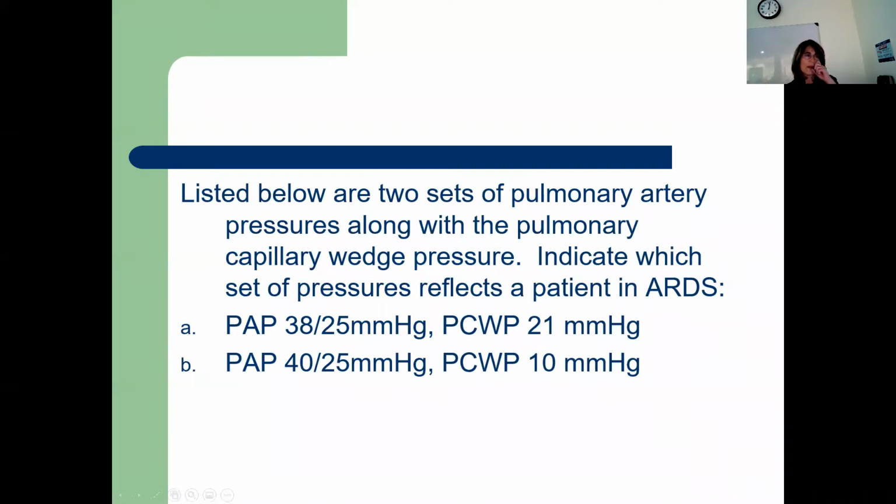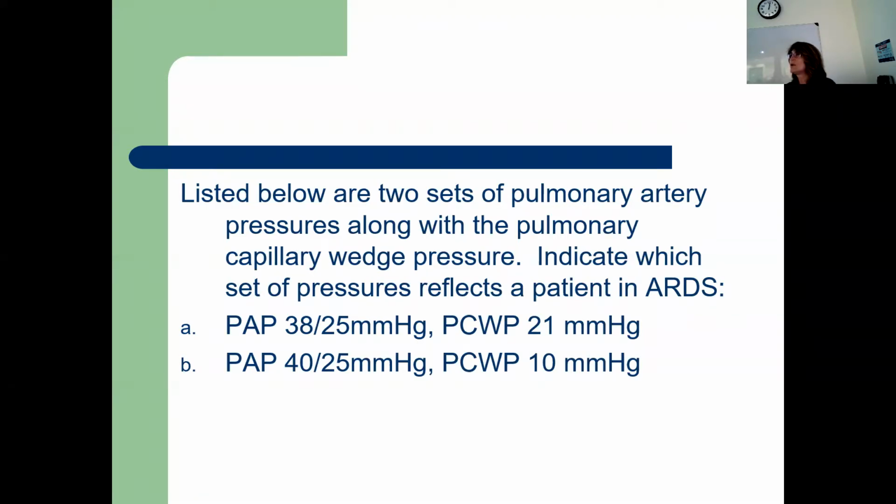All right, listed below are 2 sets of pulmonary artery pressures along with the pulmonary capillary wedge pressure. Indicate which set of pressures reflects a patient in ARDS. So how would we know if they're in ARDS? Oh, okay, looking at PF ratio.